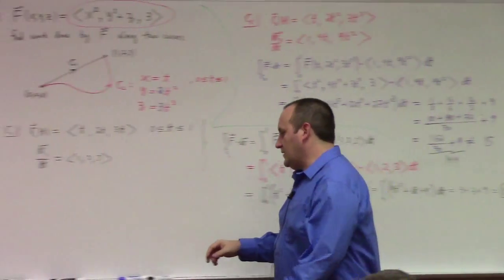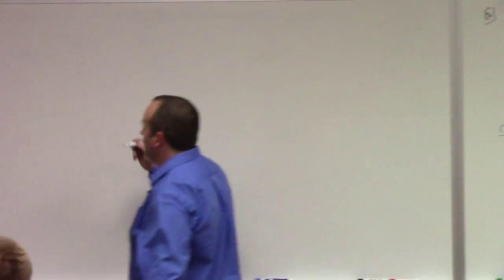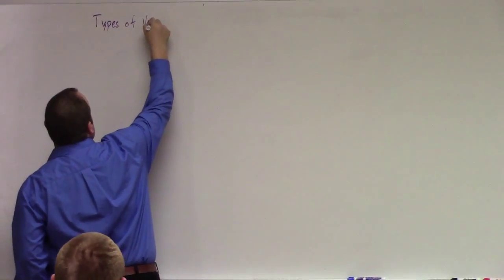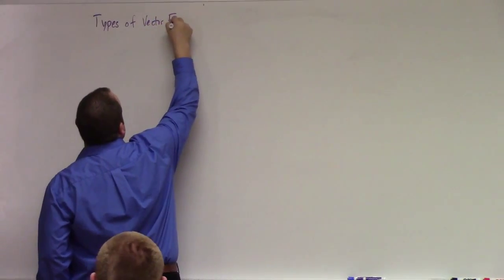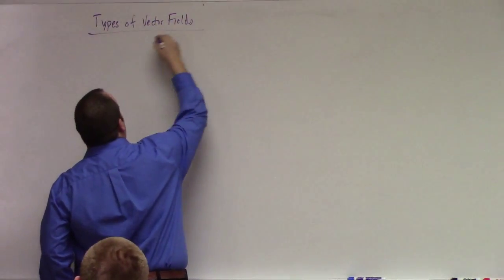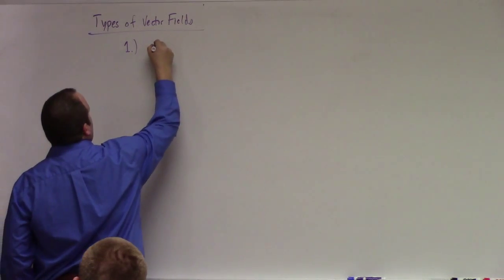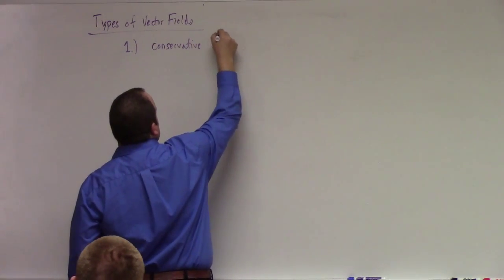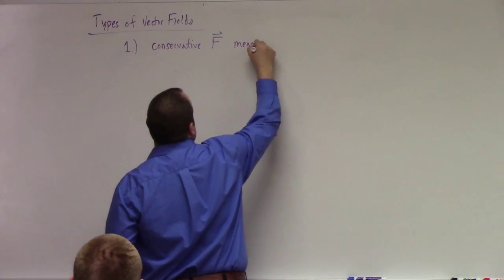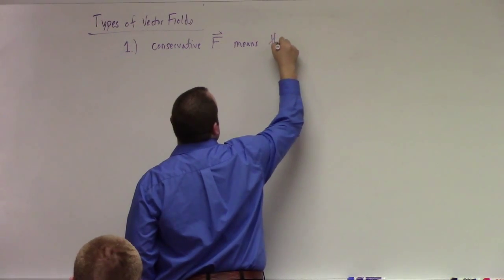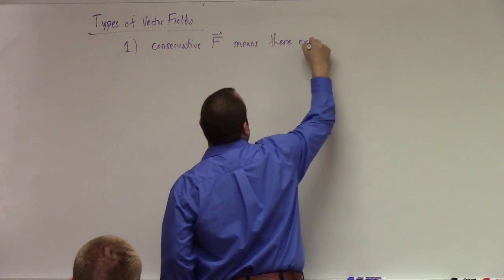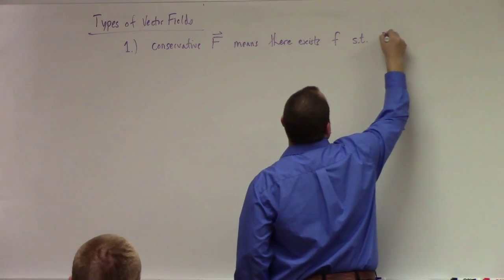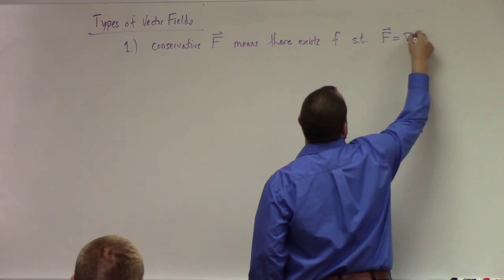If you're keeping score, we now have two definitions, two types of vector fields. What do we have so far? We had conservative. A conservative vector field F means that there exists some function f such that the vector field is the gradient of that potential function f.